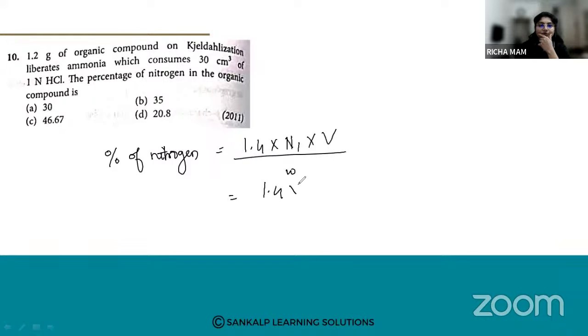Calculate: 1.4 into normality 1 into volume 30, and weight is 1.2 grams. Calculate and see. Hima has answered option B.